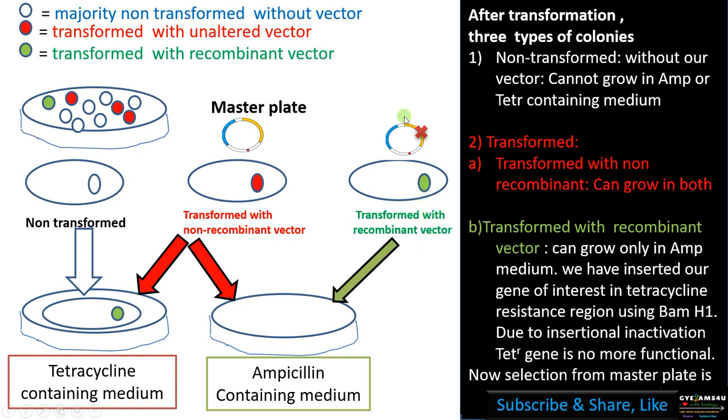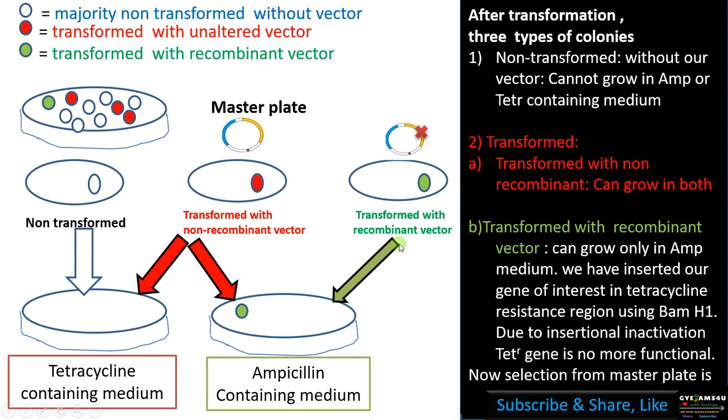Third one, transformed with recombinant vector, cannot grow on tetracycline medium as the gene of interest is inserted within the gene sequence of tetracycline gene, making that gene non-functional, whereas it can grow in ampicillin containing medium. So by comparing the position with the master plate, we can easily find out the colonies which are transformed with our gene of interest, and that is the purpose of replica plating also.